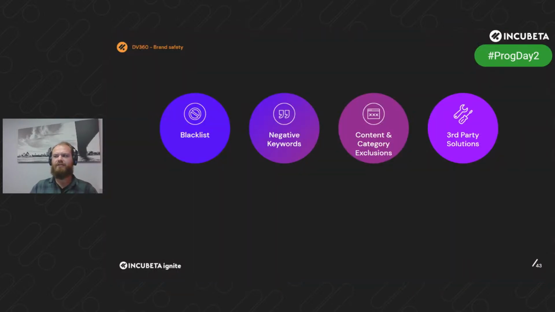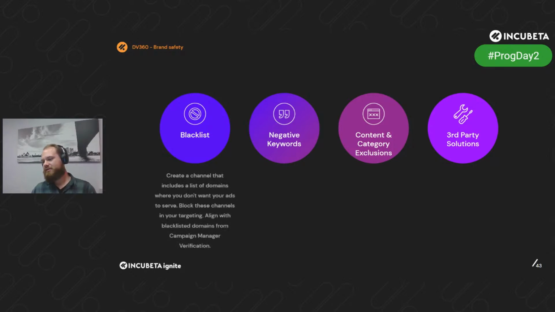So some of the things that we're able to use in DV360 now as part of our brand safety toolkit are blacklists, negative keywords, content and category exclusions, and third-party solutions. So let's take a look at blacklists.